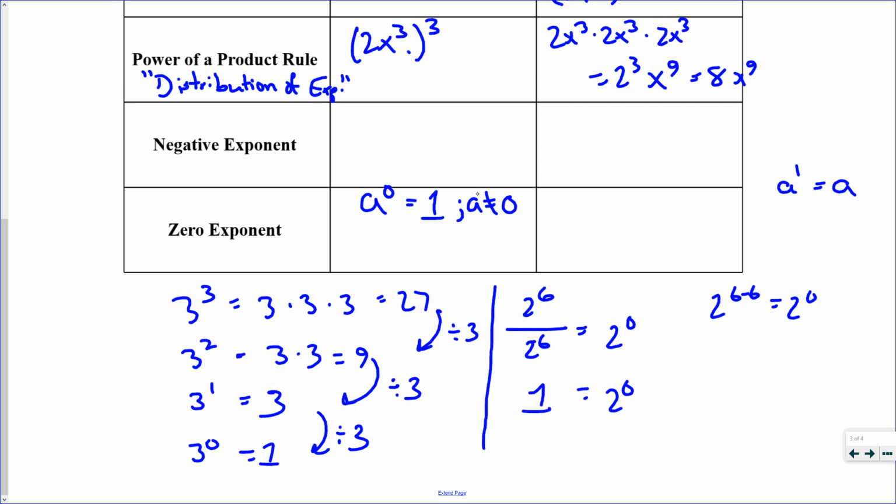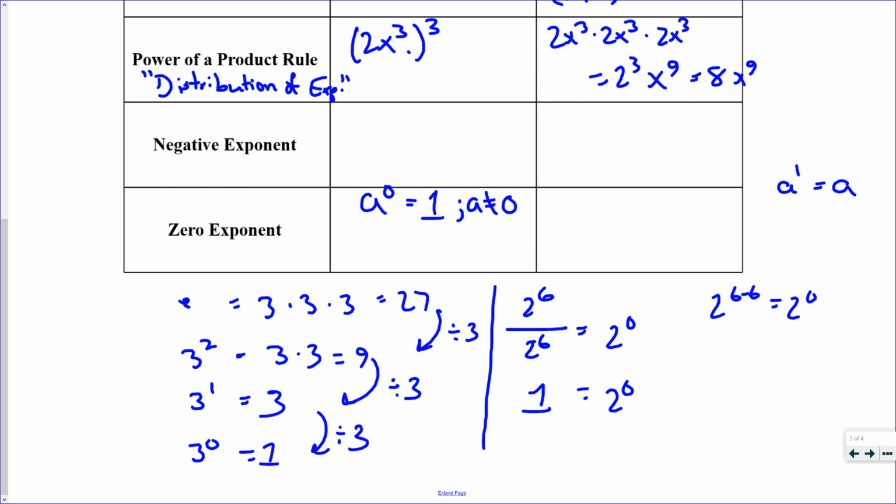Because then what happens if you have 0 to the 0? What happens if I tried replacing all of these with zeros? What would happen? I would have 0 to the 0.